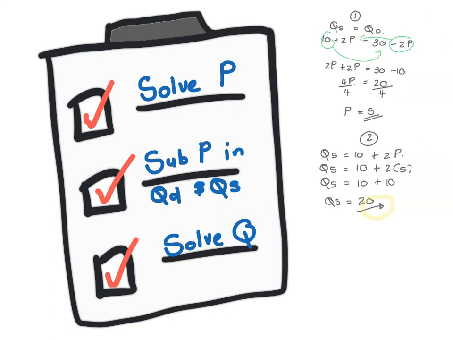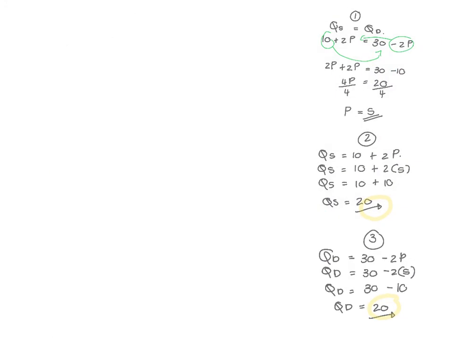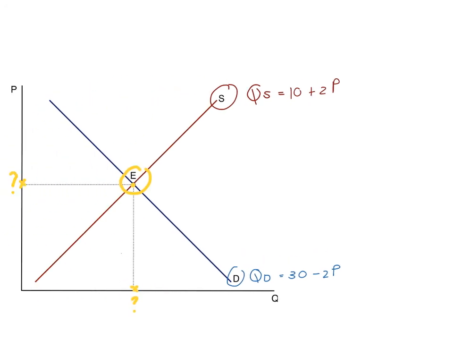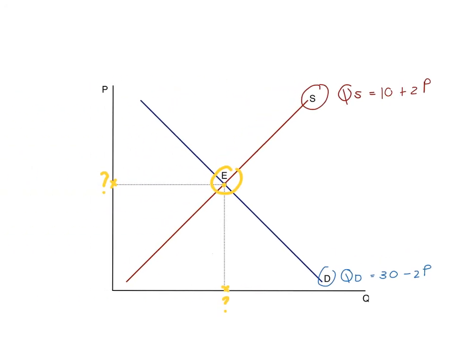Step 1, Step 2, Step 3 complete. Great work, everybody! So, we calculated our equilibrium price and quantity, meaning our equilibrium price is now 5 and our equilibrium quantity is now 20.